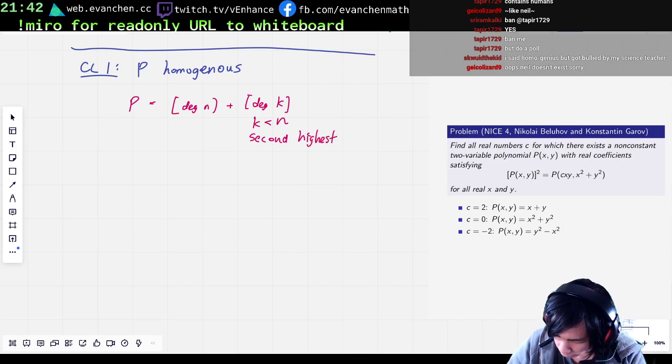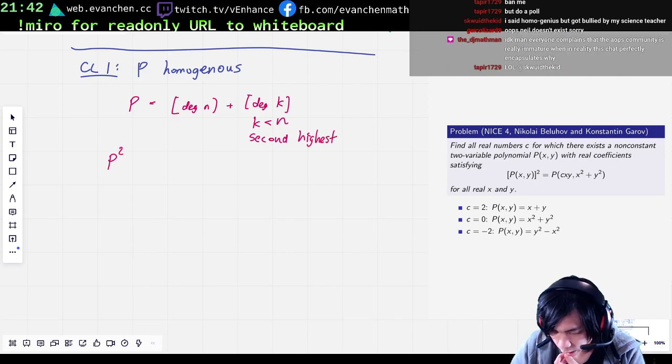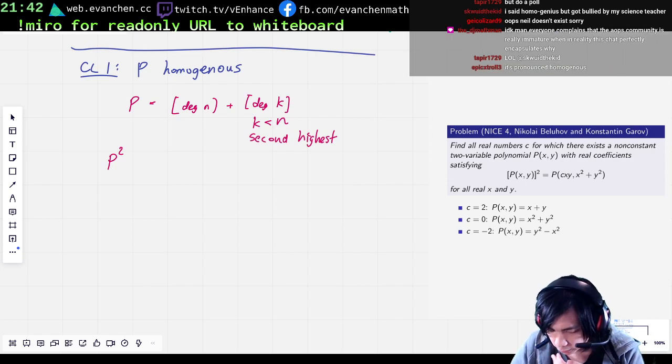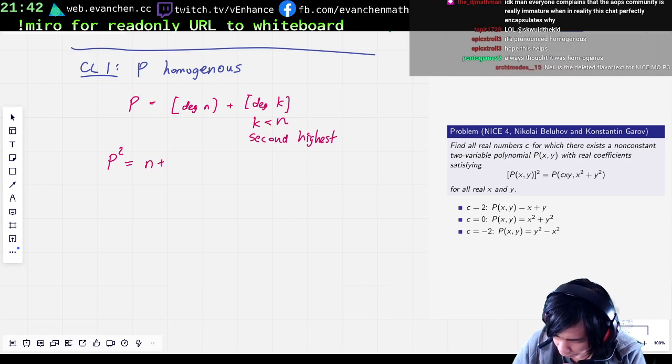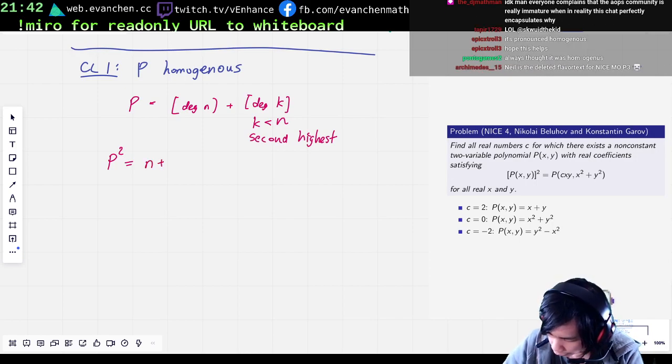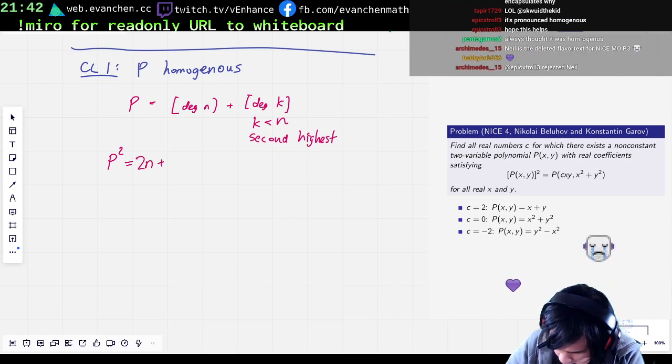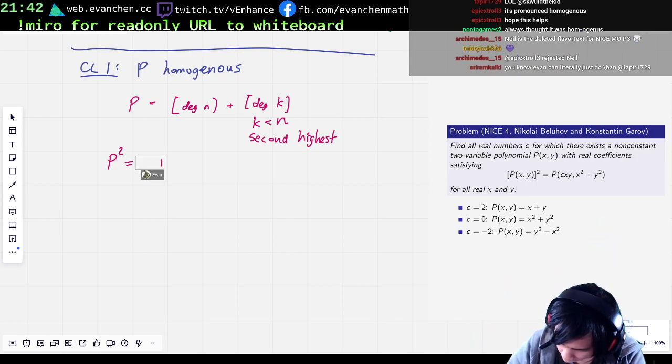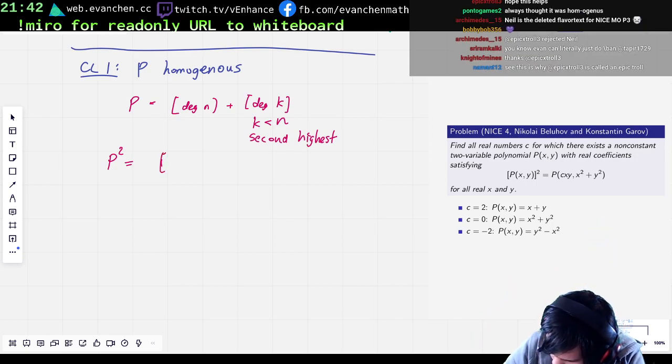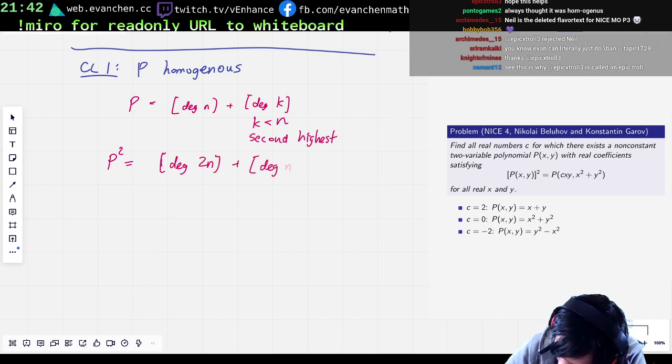Then on the left, P squared will be a degree 2n thing plus degree n plus k, and then some trailing order terms.